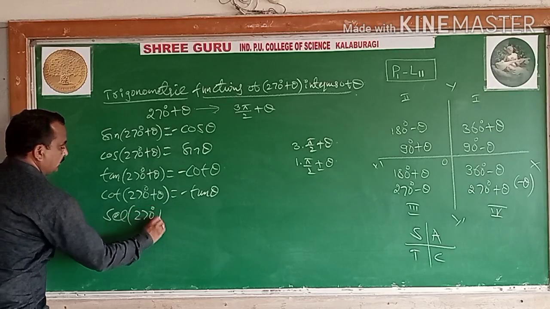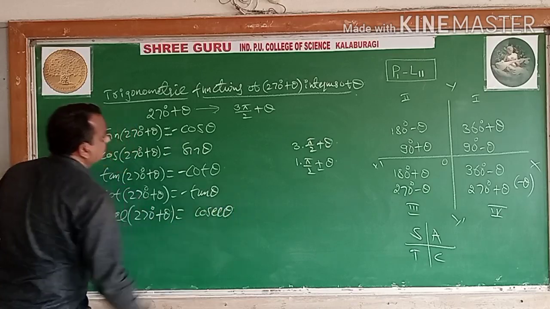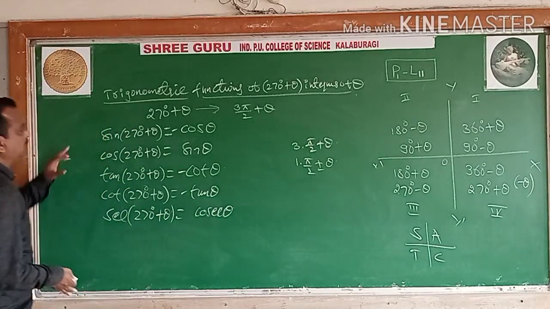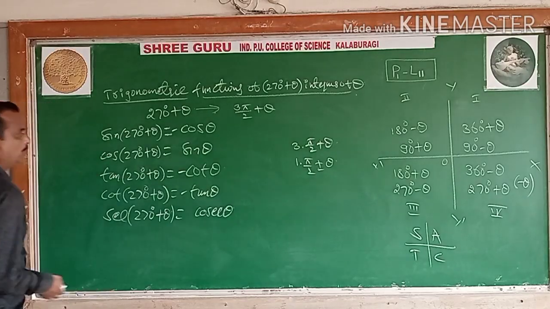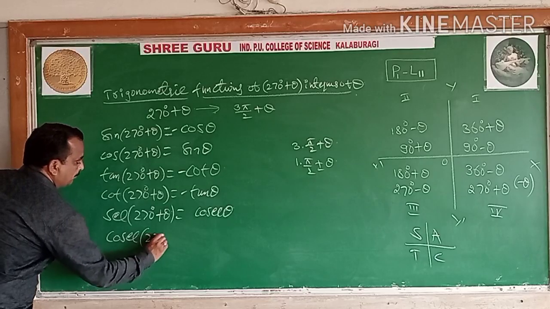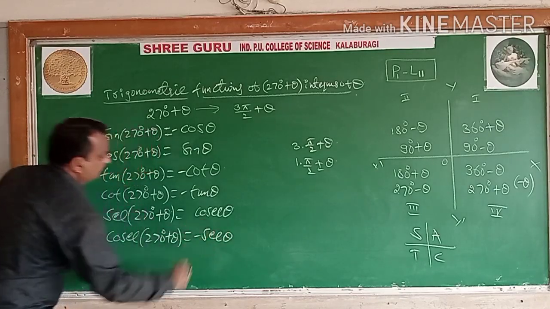Come to sec. Sec 270 plus theta changes the function. The functions change, and about the positives and negatives, only cos and sec are positive. Remaining are negative. So cosecant 270 plus theta changes to sec theta, but it is negative.